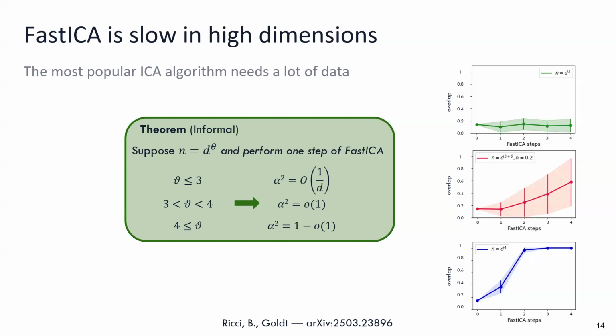And then it also clarifies this case, because if theta is between 3 and 4, exactly this case, we also know that we don't learn. It will not go to 0 as fast, but still it will go to 0, and we don't learn. The only case in which we learn is exactly this case, in which we have at least a power 4 of samples. So this is the description of fast ICA, but basically the bottom line is exactly this: fast ICA is very slow in high dimensions, you need a lot of samples, and basically you shouldn't use it.